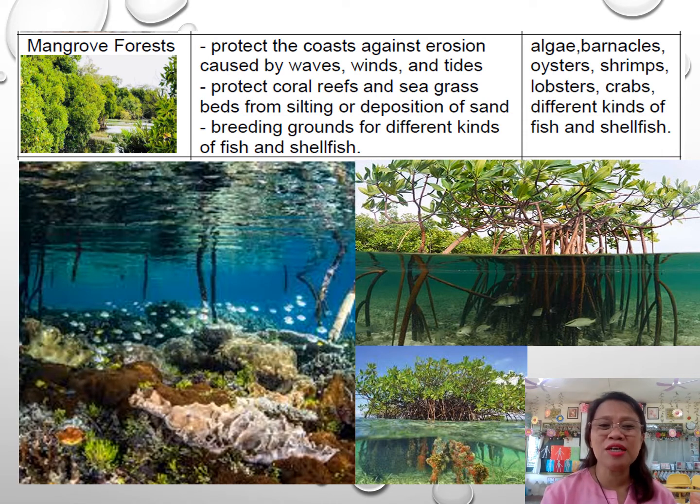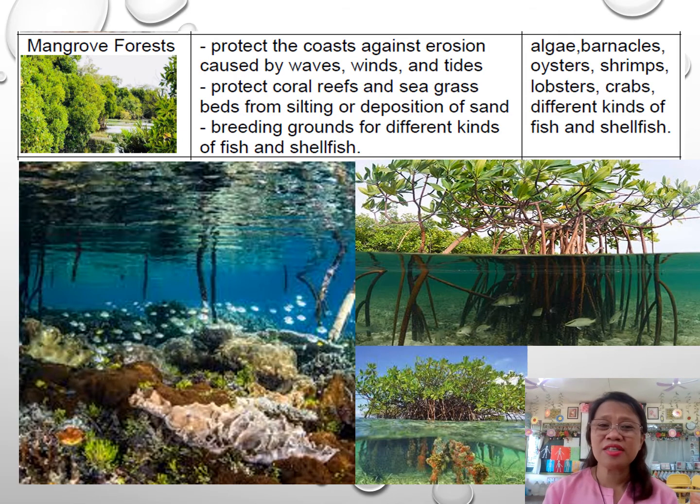Protect coral reefs and seagrass beds from silting or deposition of sand. Nga dili ba maveran dayon og sand or mga muds. And breeding grounds na siya for different kinds of fish and shellfish.